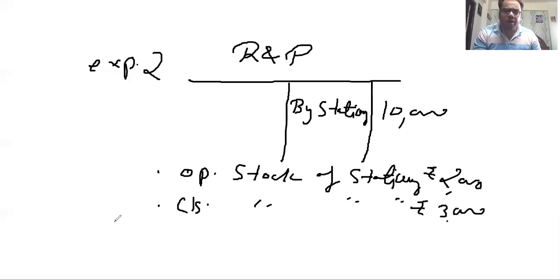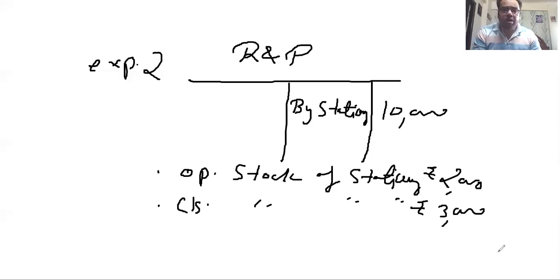So now what will be the treatment of this information? Stationery payment during the year is 10,000, opening stock of stationery 2,000, and closing stock is 3,000. See how we will treat this under NPO. In the next slide, I'm going to show the solution.